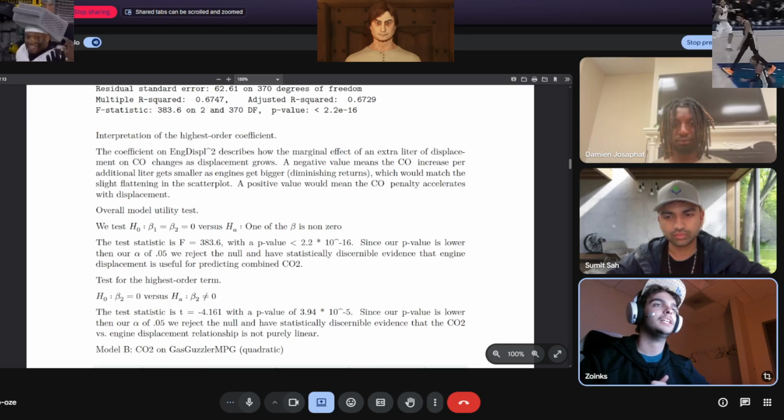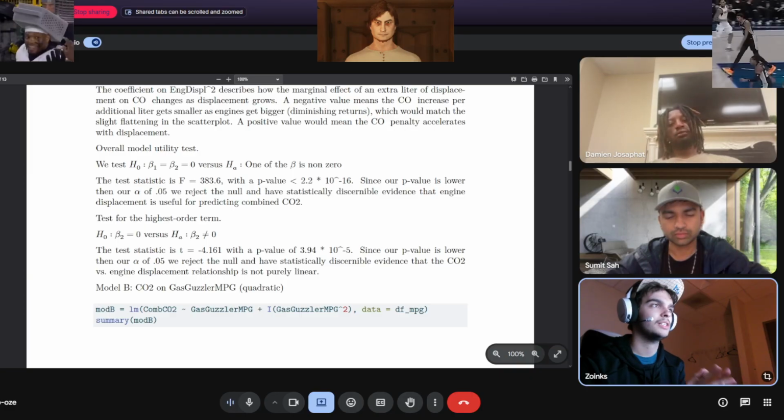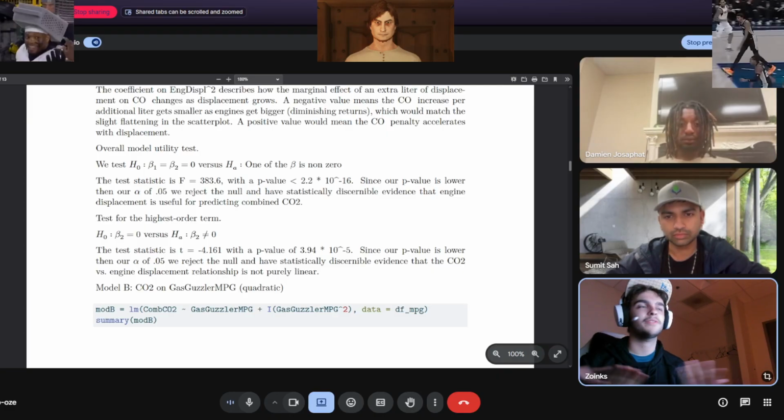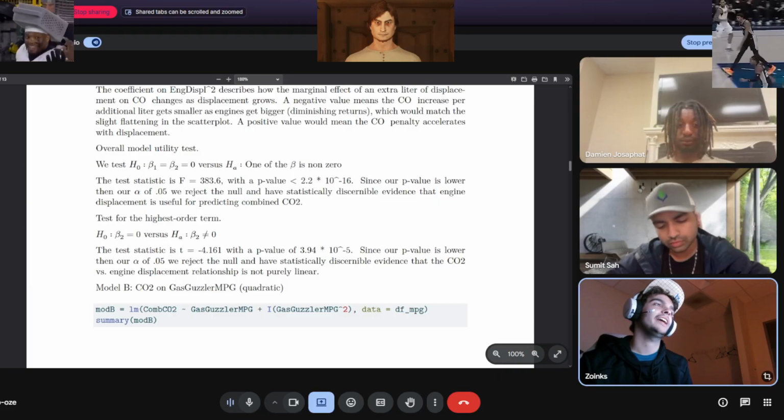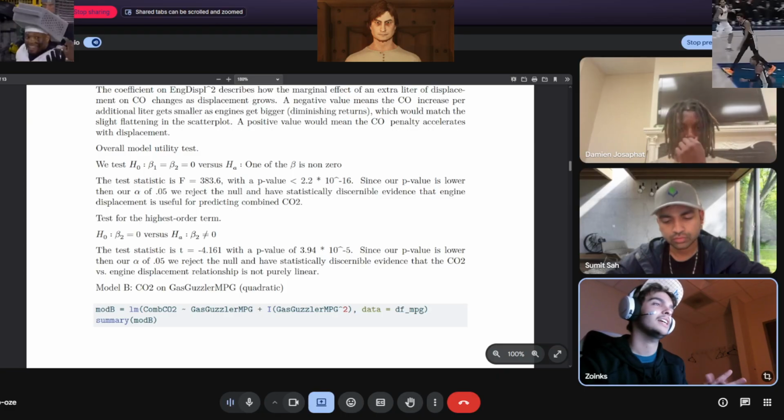Now we're looking at the next variable, the gas guzzler miles per gallon. We have a p-value of 3.94 times 10 to the negative fifth. Since our alpha is again 0.05, we reject the null again, and have statistically discernible evidence that the relationship between engine displacement is not purely linear.